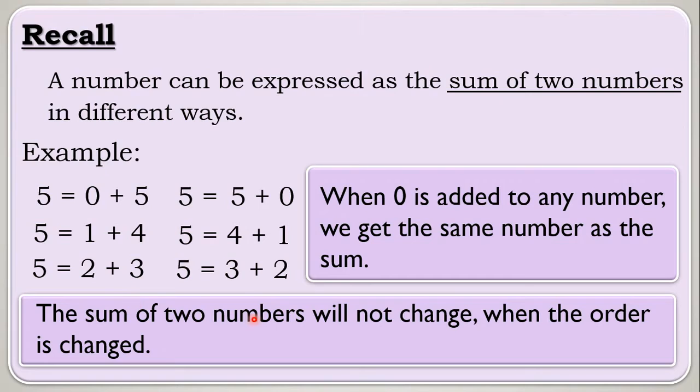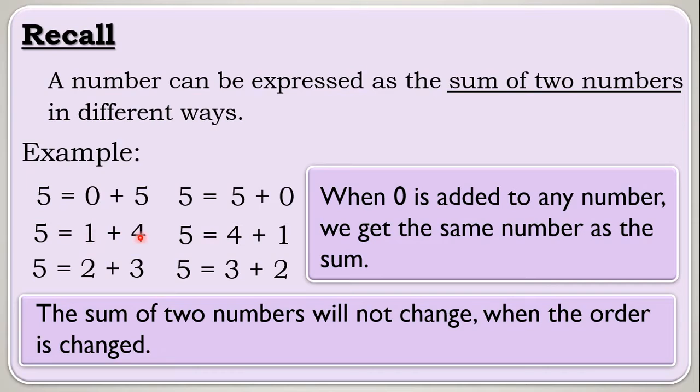The sum of two numbers will not change when the order is changed. Look here in the other examples, 5 is equal to 1 plus 4 or 5 is equal to 4 plus 1. Here the order of these numbers is changed.